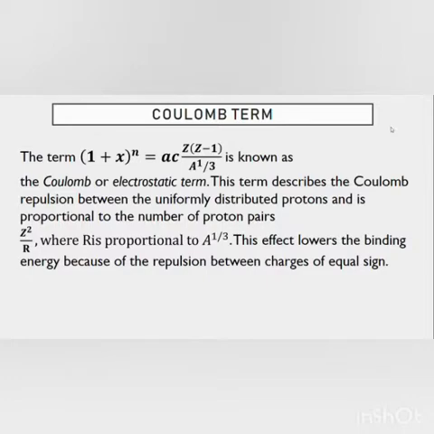This term describes the Coulomb repulsion between the uniformly distributed protons and is proportional to the number of proton pairs, Z squared by R, where R is proportional to A to the power 1/3. This effect lowers the binding energy because of the repulsion between charges of equal sign.